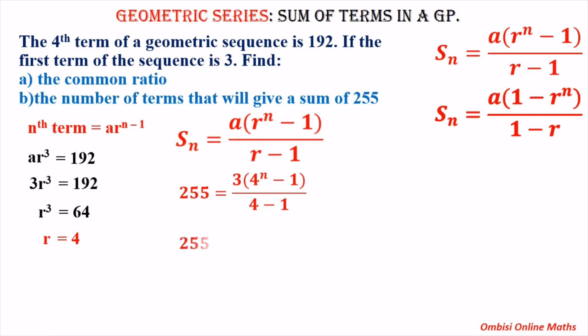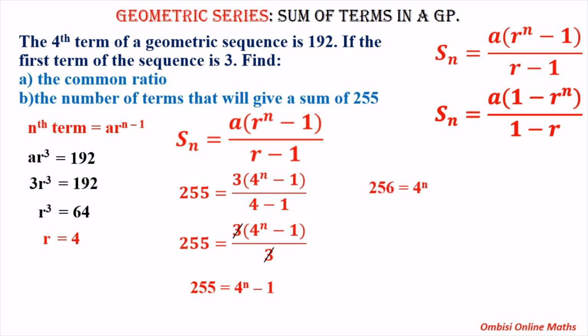This translates to 255 equals 3 into brackets 4 raised to n minus 1 over 3. And this boils down to 3 cancelling 3. So you end up with 255 equals 4 raised to n minus 1. Add 1 on both sides, so it means that 256 equals 4 raised to n.